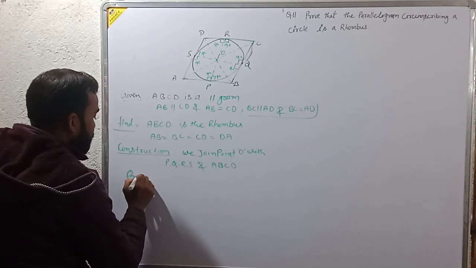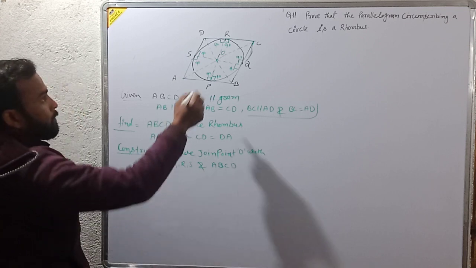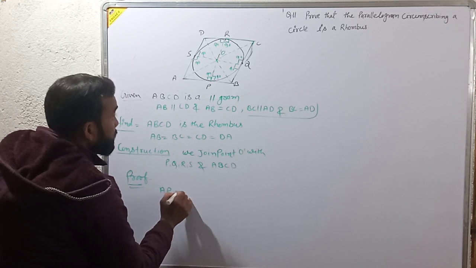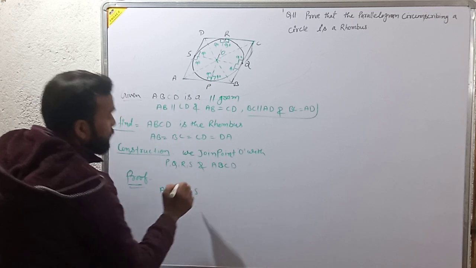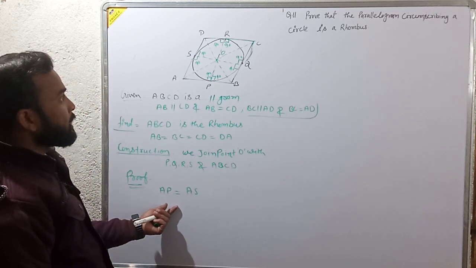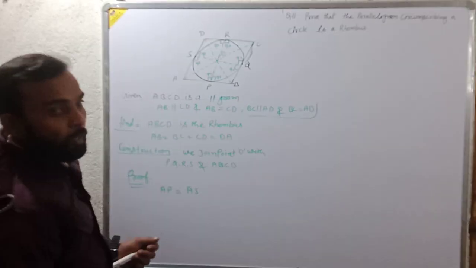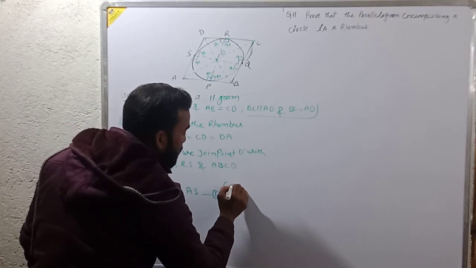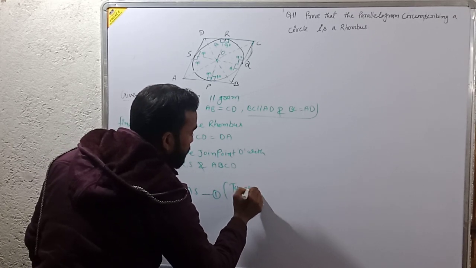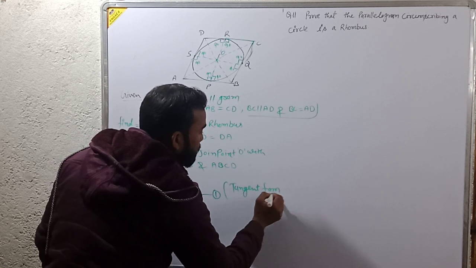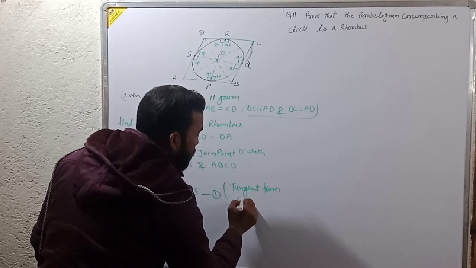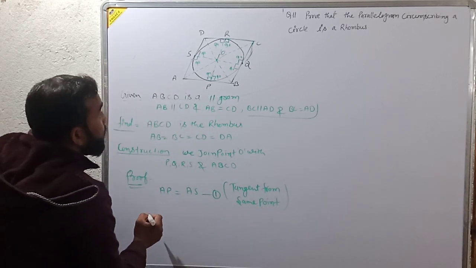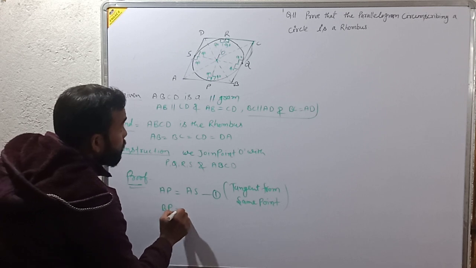Proof. From point A, AP is equal to AS. We use the fact that the length of tangents from an external point are equal. This is equation number first, tangents from the same point. Again BP equals BQ.